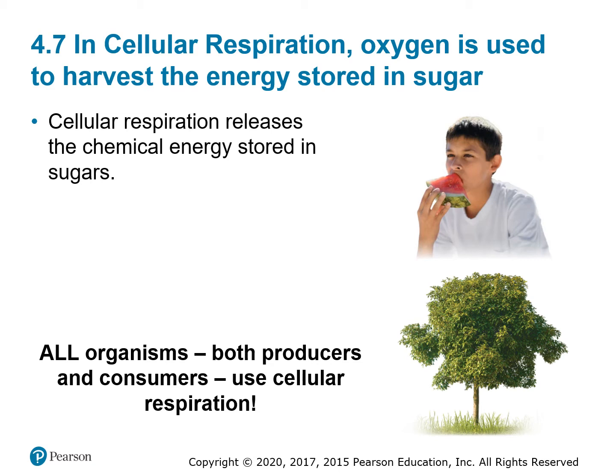It is stored energy. In the process of cellular respiration, the chemical bonds in food are broken down, energy is released, and ATP is made so that the work of the cell can be done. Something to remember is that all organisms, both producers and consumers, use cellular respiration.